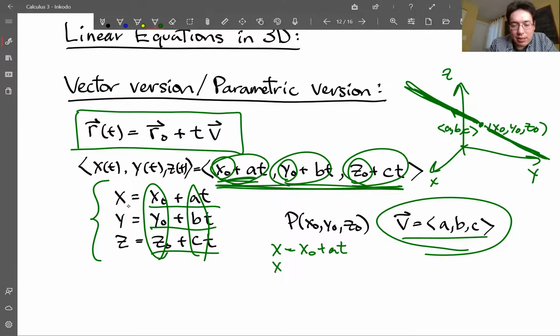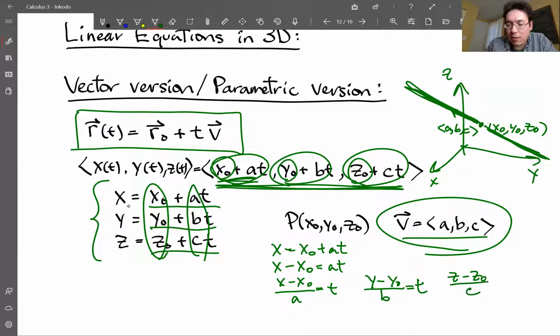So subtract x naught from both sides. And then divide by a. So t is equal to x minus x naught divided by a. And you could do that for each of the coordinates. So you could take the second equation, solve for t, and the third equation, solve for t. And all of these three expressions are equal to t. So I could set them equal to each other. They're the same.